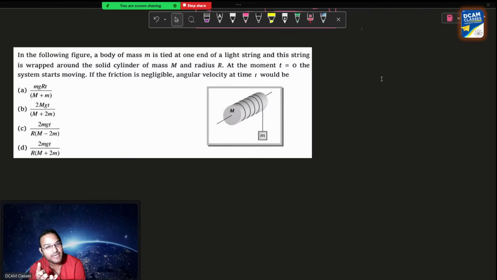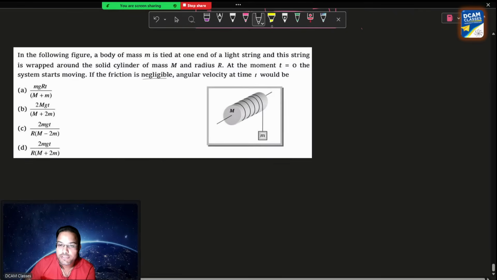This question actually has a problem. The friction should not be negligible actually. Friction should be there, otherwise you won't get the answer. What he meant is that the friction between the cylinder and the axis on which it is rotating is negligible.